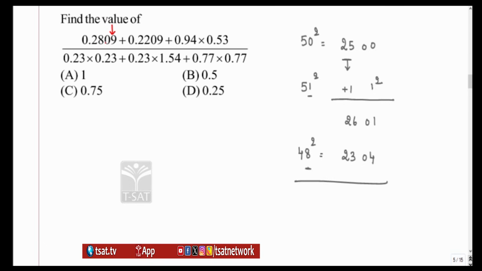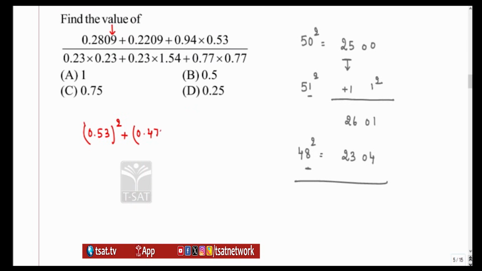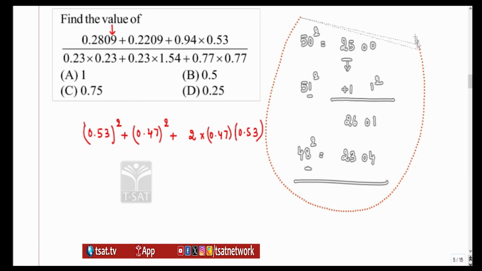So point is there, therefore I can write it as 0.53 whole square plus this is 3 less and 3 square, therefore 0.47 whole square plus 0.94, you can write 2 into 0.47 into 0.53.